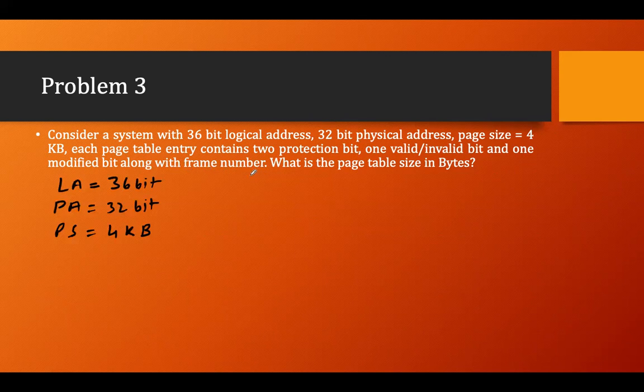So in the page table entry, the first thing is the frame number, and then we have some additional information: the two protection bits, one valid or invalid bit, also called the present or absent bit, and one modified bit, also called the dirty bit.